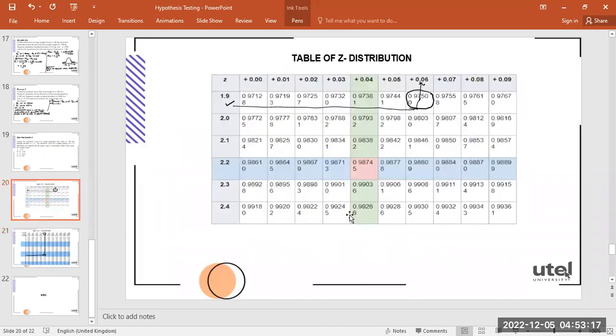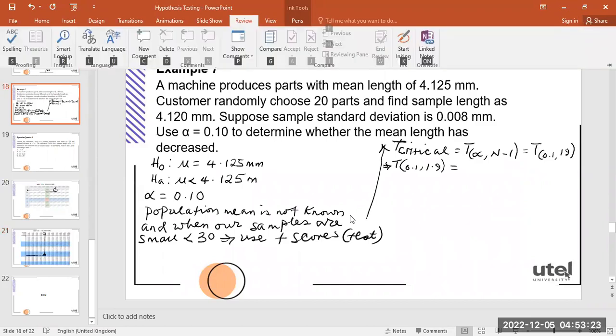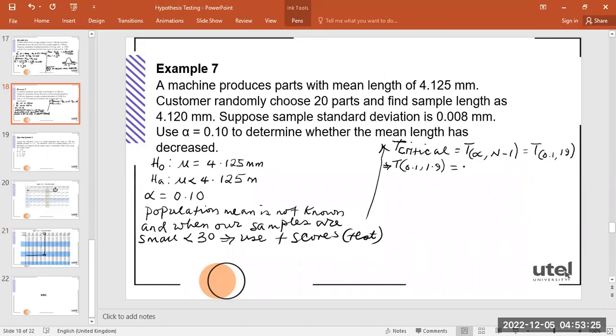So let's quickly go back to our thing and see that the value we are going to have here is 1.328 from the t table. Now, since this is a one-tail test, and of course, this is because of the alternative hypothesis.